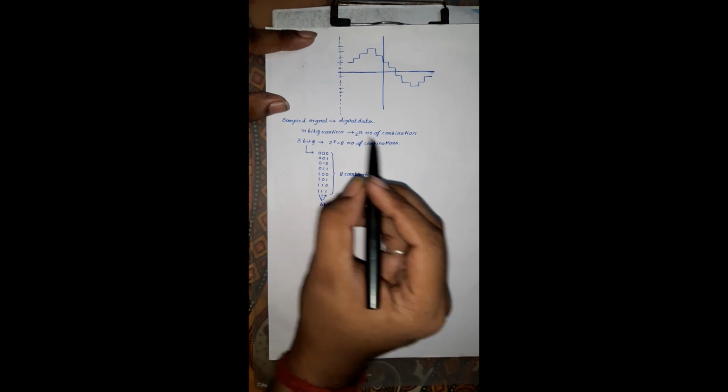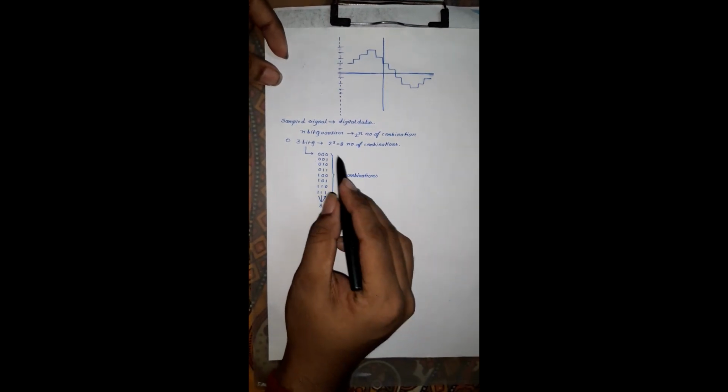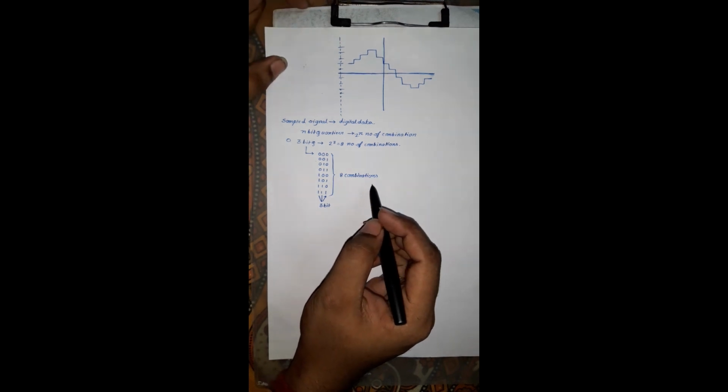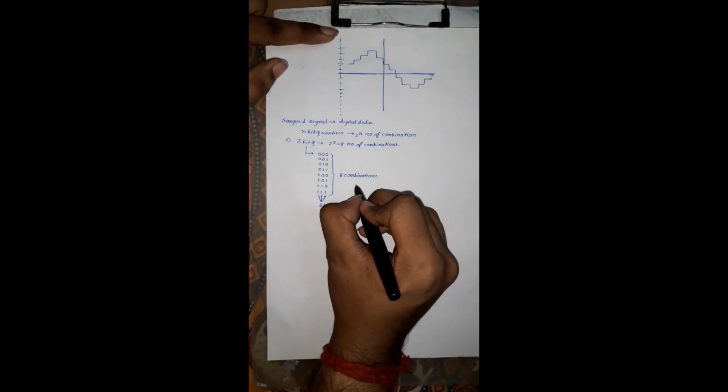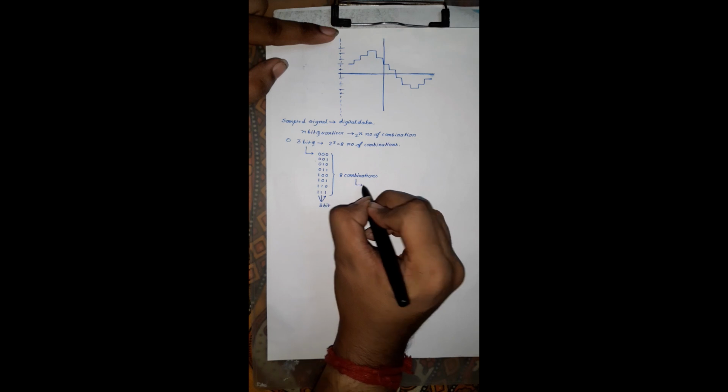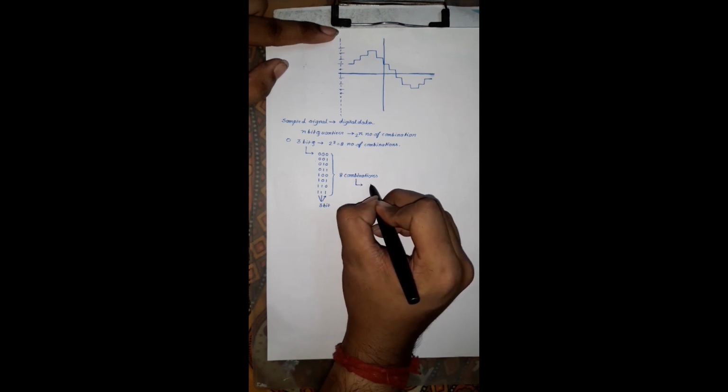Again, if we are using the 3-bit quantizer, we get 8 combinations, and we have to assign these 8 combinations to the discretized amplitudes.